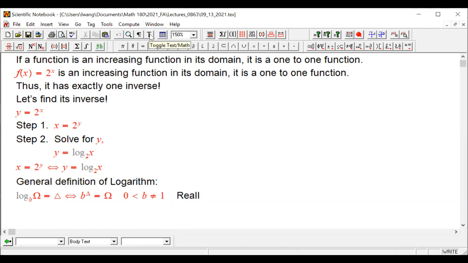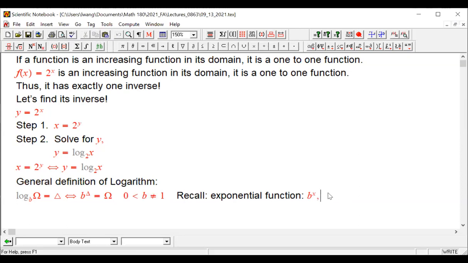Recall exponential. We say an exponential function is a family of functions, and they all look like this: b raised to the power x, where b must satisfy this condition.